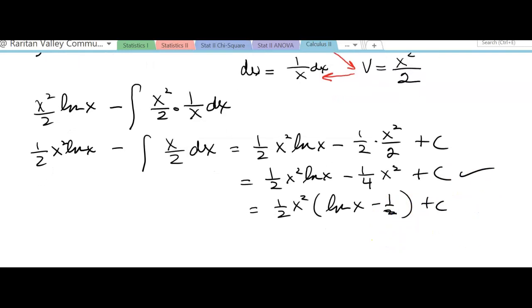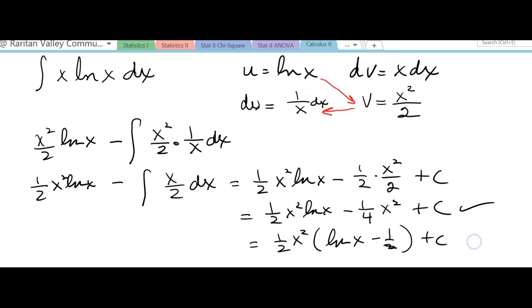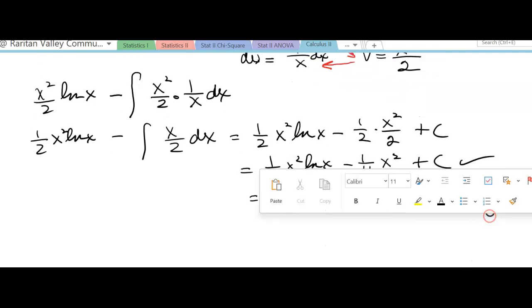I just want to remind you that your answers, if you're looking things up in the textbook or in your student solution manual, might be slightly different because they just simplified it or factored it more. Okay, so there is a case where it's better to let your x dx be the dv as opposed to letting x be equal to u. All right, so let's just keep going.